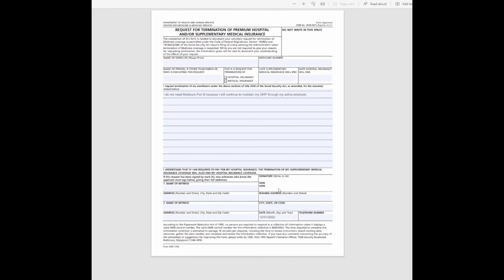So you can have an instance where some people in those positions can't afford Part A and Part B, because that would be about $700 a month, basically. You can have Medicare Part B and refuse Medicare Part A in those instances. But if you had both and you terminate Medicare Part B, it would also terminate your Medicare Part A automatically. All right, so just keep that in mind.